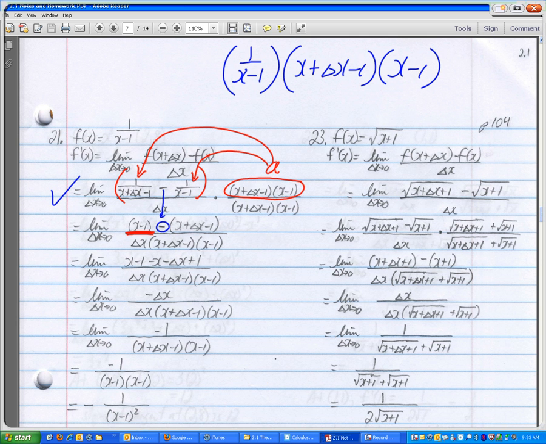Since my denominator is a factor of x minus 1, it divides out with the other factor of x minus 1, leaving me with 1 times x plus delta x minus 1. And what is 1 times x plus delta x minus 1? X plus delta x minus 1. Do not multiply your denominator out. Leave it factored.